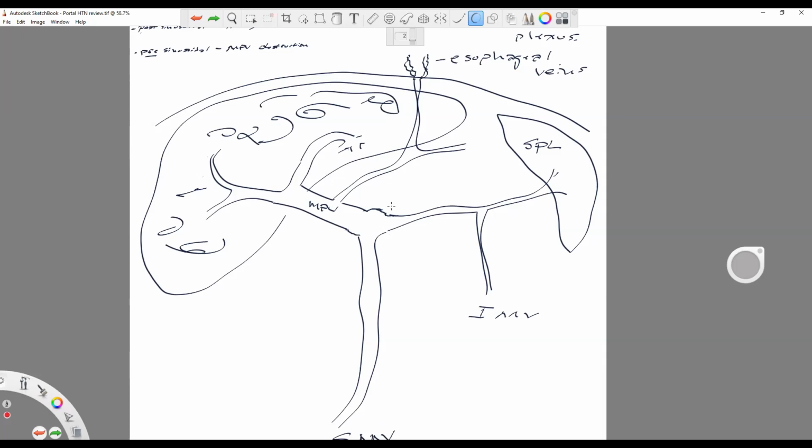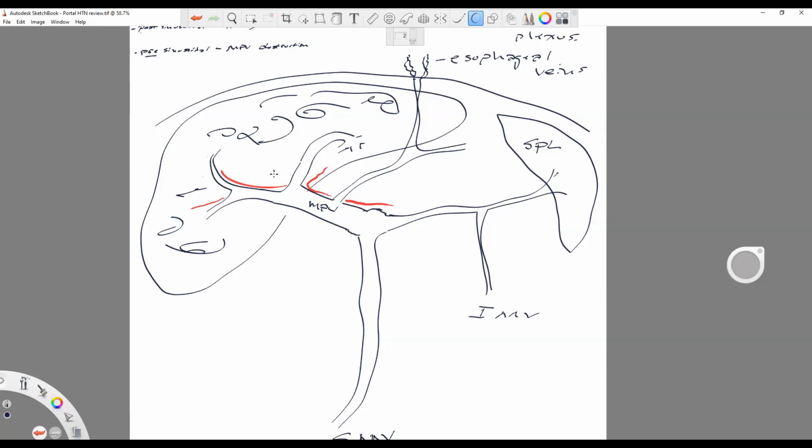From the seagull is the hepatic artery. Of course, it's coming in, and the hepatic artery is going to split as well, bringing blood in. And the main portal vein, of course, is bringing blood in as well. So everything I've drawn so far is going into the liver.